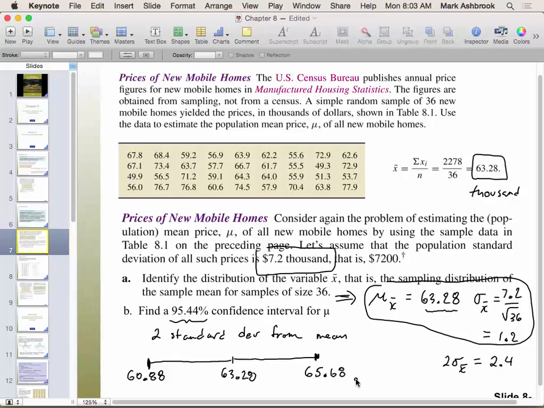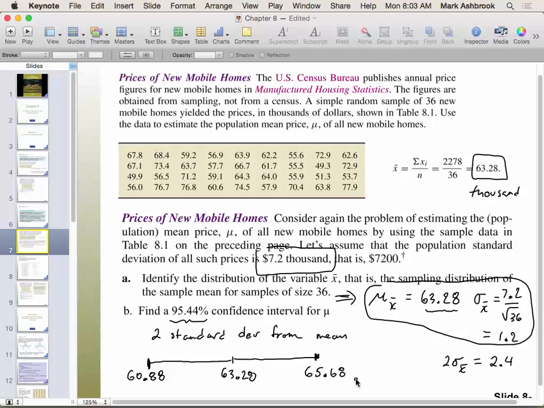Is 63.28 the population mean? No, very unlikely. Is it close? Size 36, that's a big sample. It's pretty close, right?